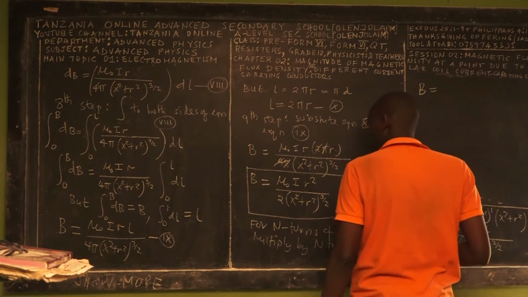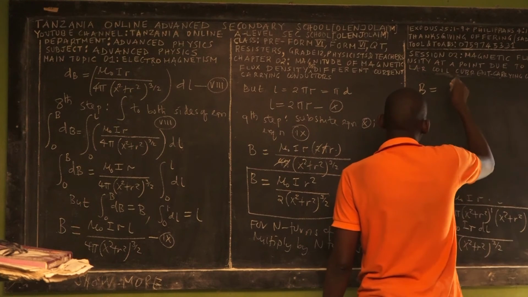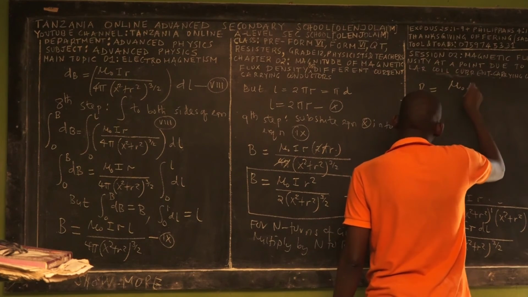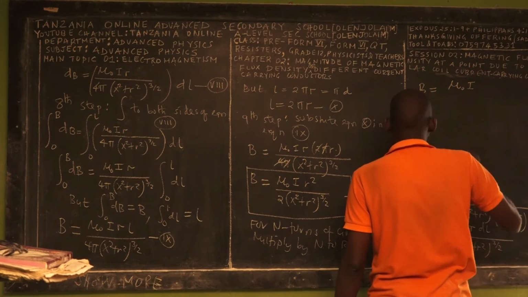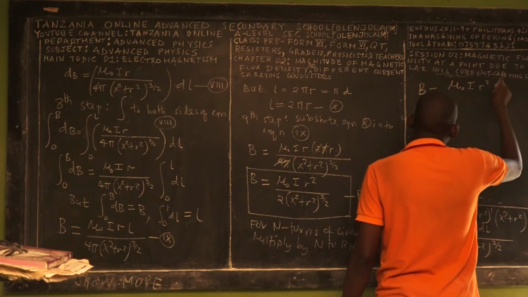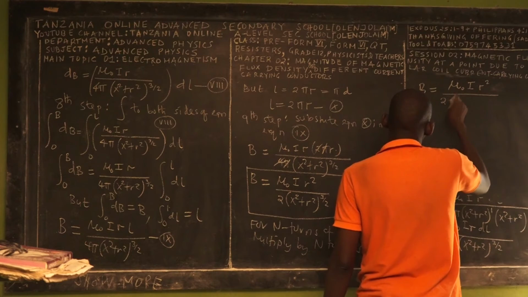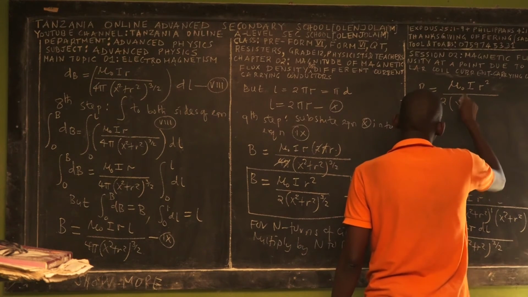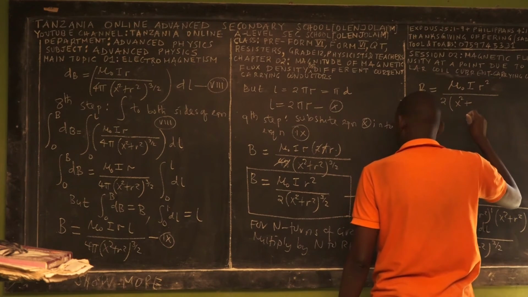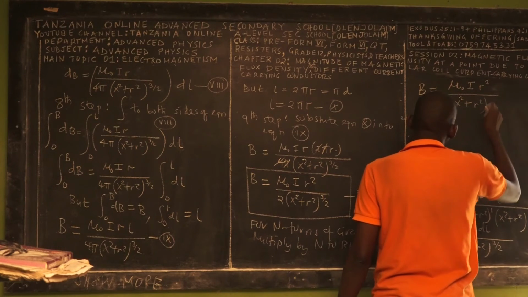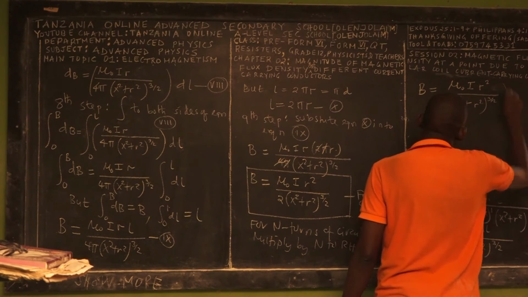So magnetic flux density is equal to permeability of free space times current times R squared. Here we have twice x squared plus r squared to the power 3 over 2.